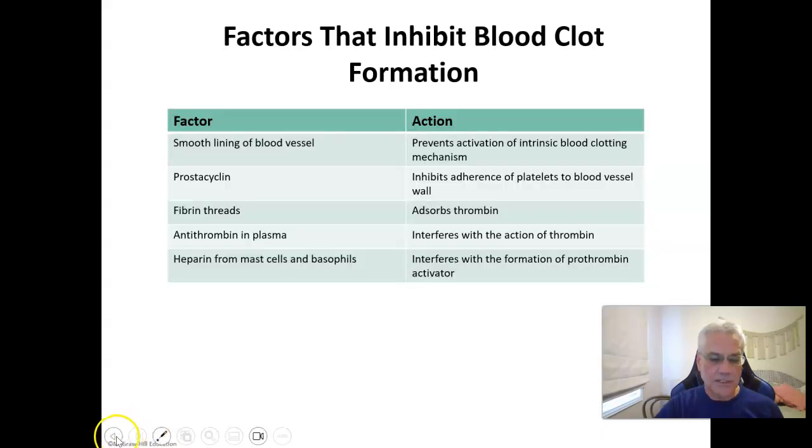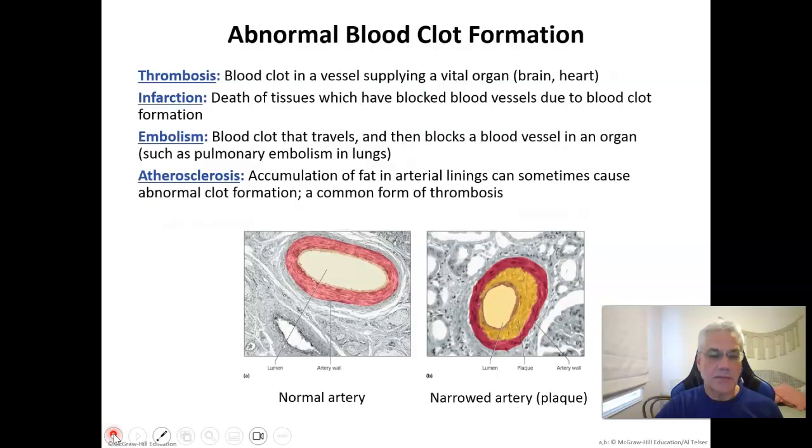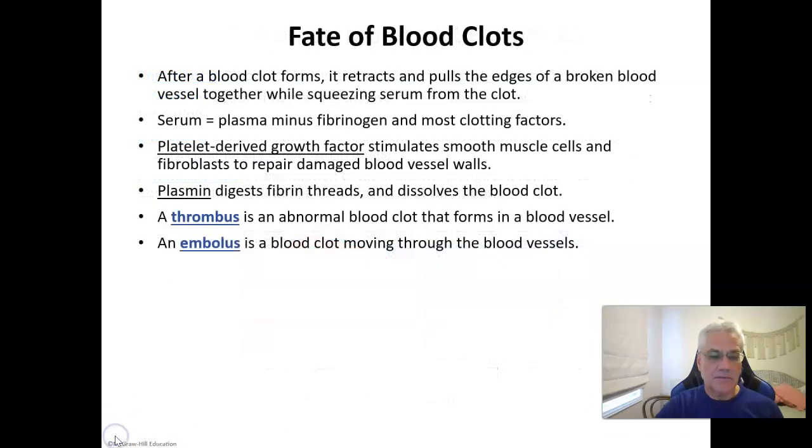There's one other thing that I wanted to point out, that we talked about antithrombin. Let me go back to this slide where I wanted to show you plasmin. Let me talk about plasminogen. So you have a substance in your blood that's inactive, plasminogen.